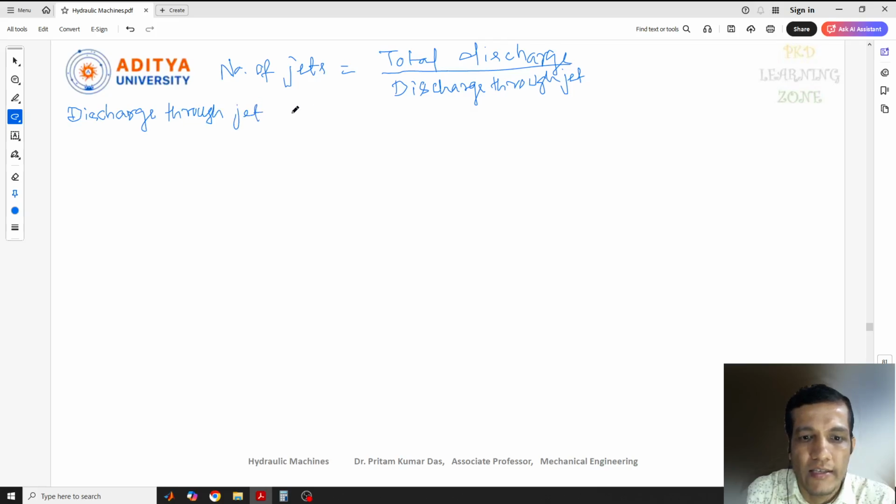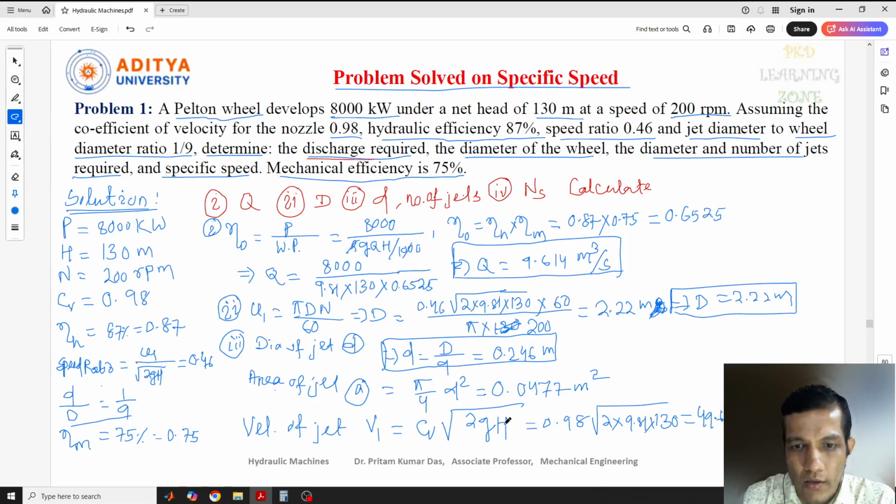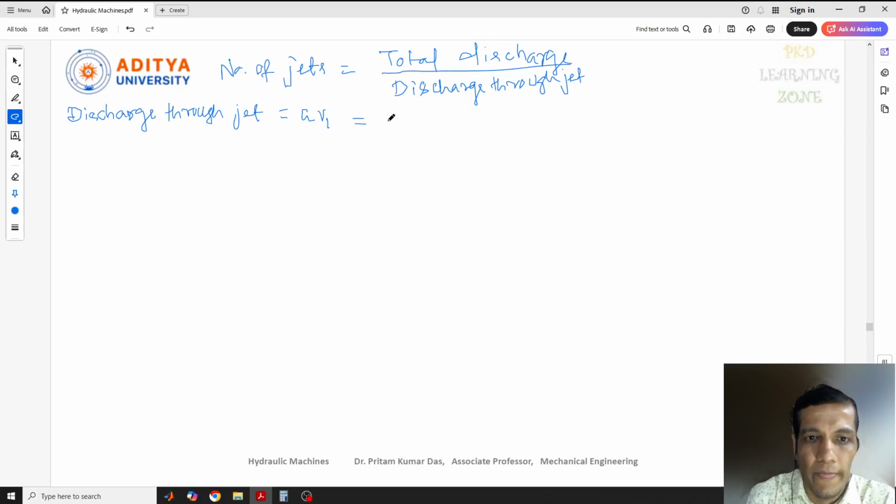Discharge through the single jet is nothing but AV, we can write AV1. Now here I can write the value of area, just now we have calculated. Area what we got here, this one, 0.0476 suppose, and velocity just now I have calculated, 49.49.